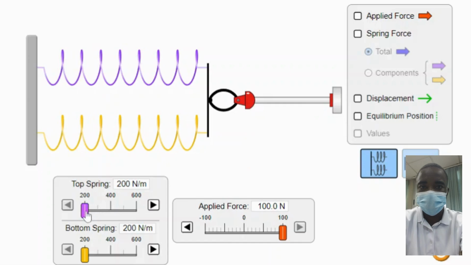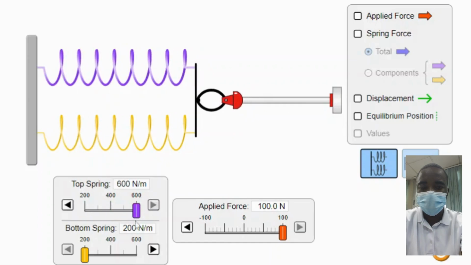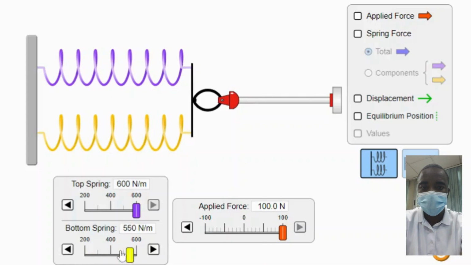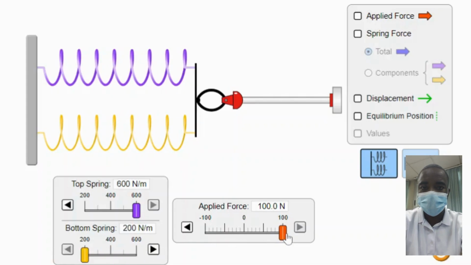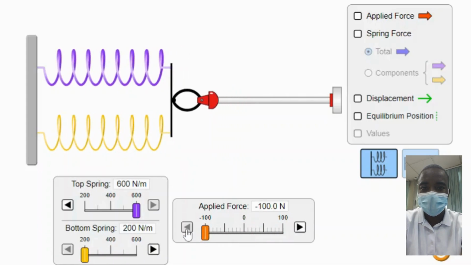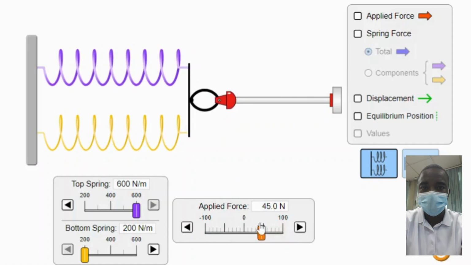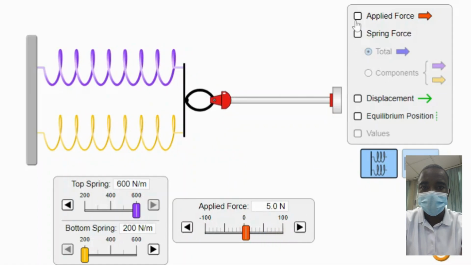By adjusting the applied force, spring constant, and the configuration of the springs, students can observe the following key concepts. When the applied force is increased, the springs stretch or compress, leading to a greater displacement. The spring force increases in response to the displacement, following Hooke's law.